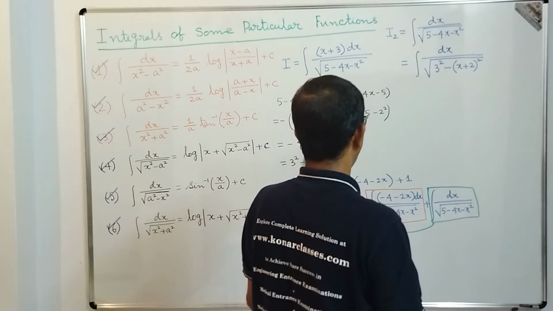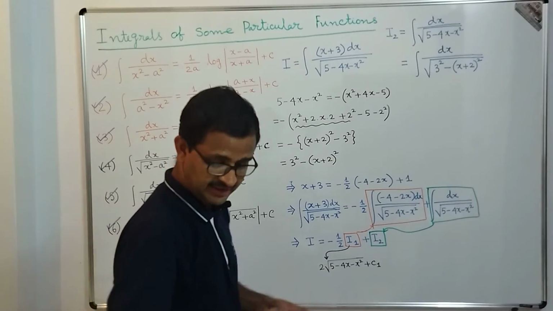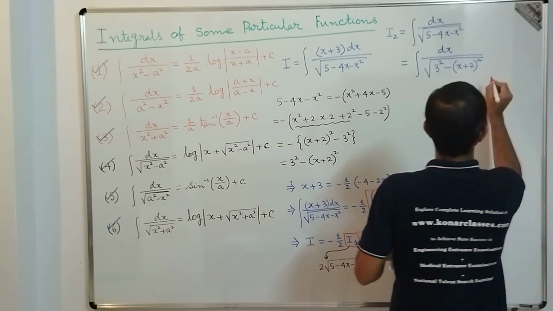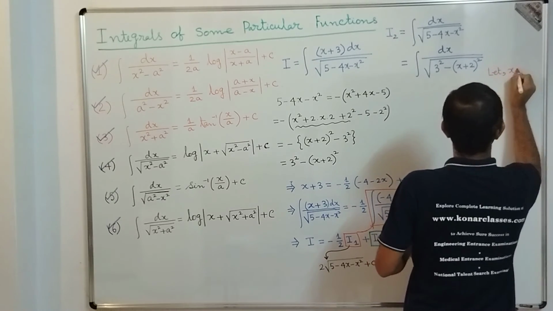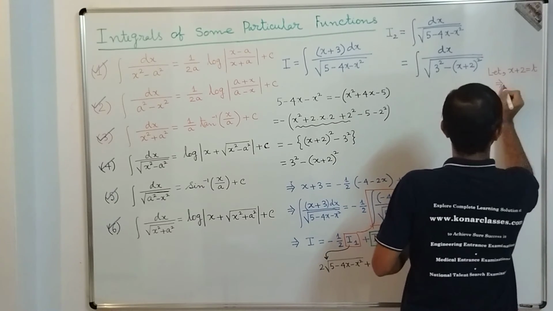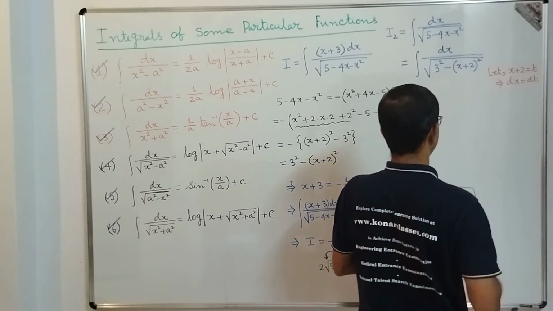Okay, now we will take the substitution: let x plus 2 is equal to t. This implies dx is equal to dt, correct?